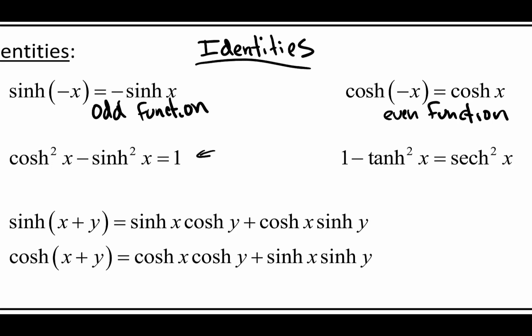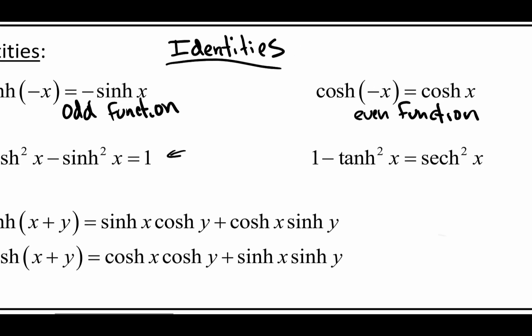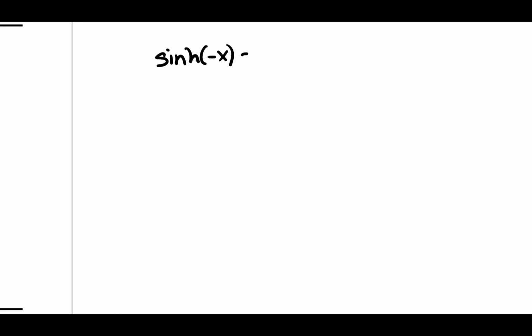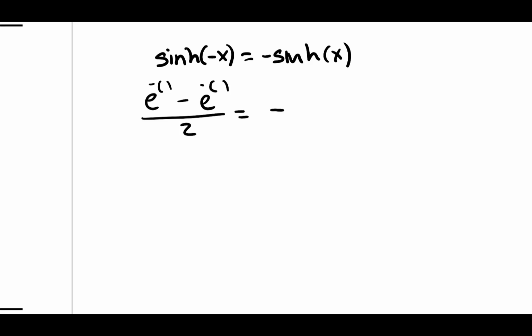Let's get it. So first, let's take our sine hyperbolic of negative x and show that that is an odd function. What we're basically saying is if we were to go through and replace all of our x values with the opposite sign, we would actually just get the same thing, right?